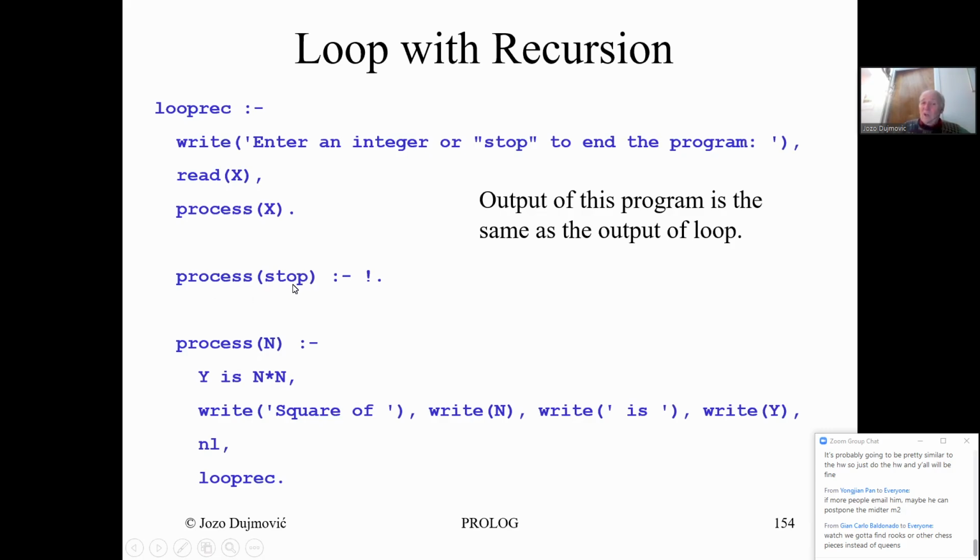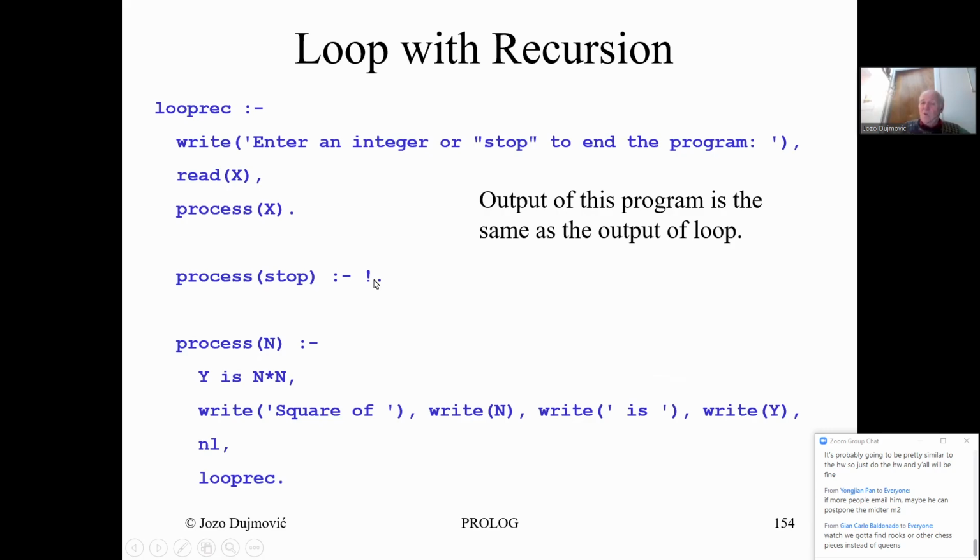To process the value stop, this is going to be processed if we execute a cut. And after that, we have the end of the program. So PROLOG will say, aha, you have here stop. Let me go to see what happens here. And it is going to go over the cut and will come with the search process between the cut and the dot here in between.